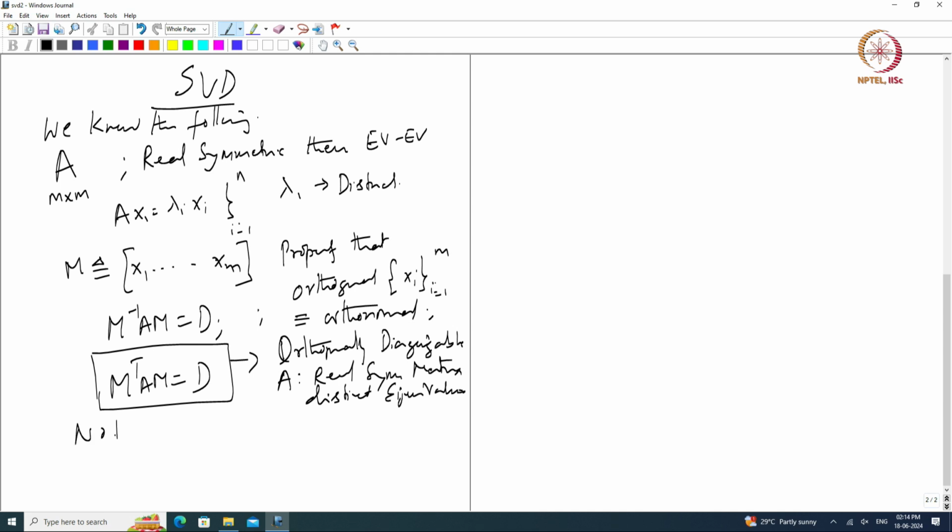Note, even if the eigenvalues are not distinct, you can still find it by a process like the Gram-Schmidt orthonormalization process, which is basically application of projection.